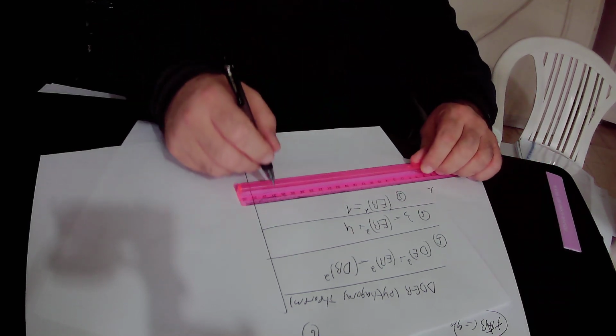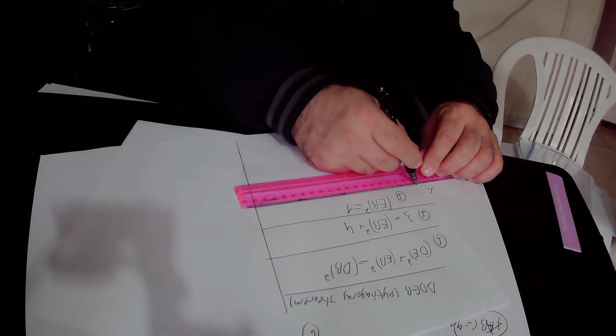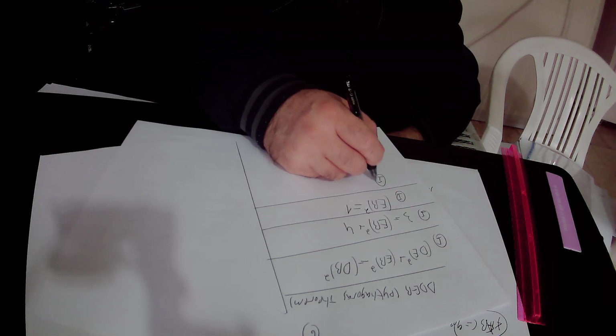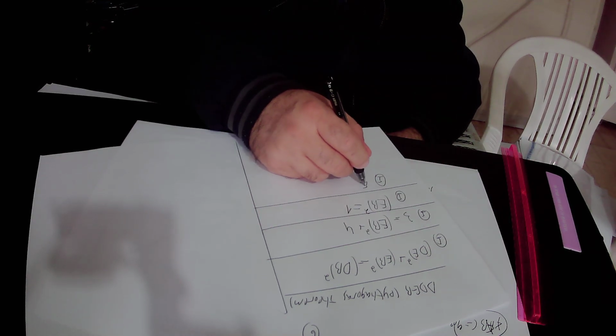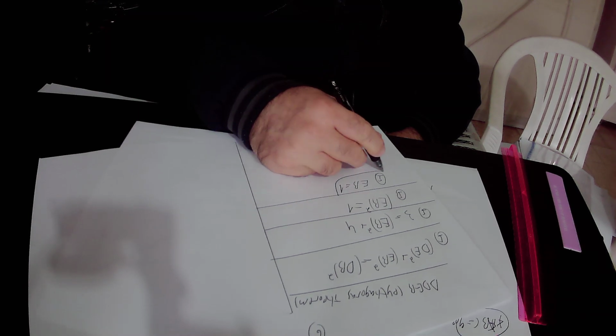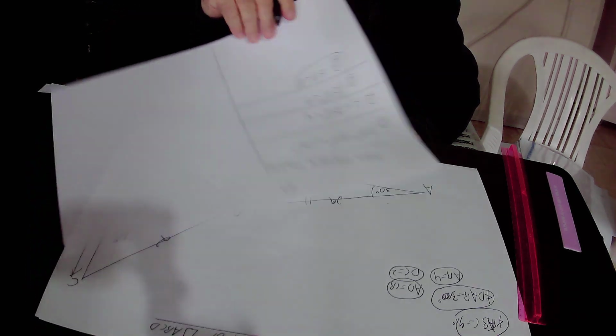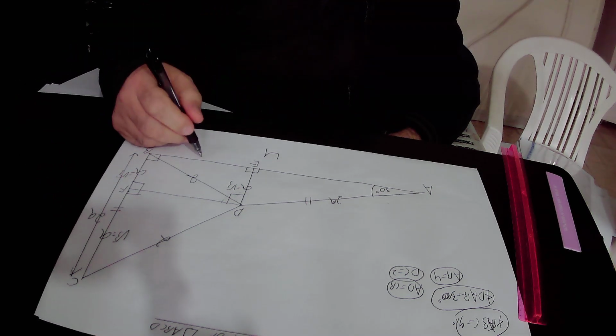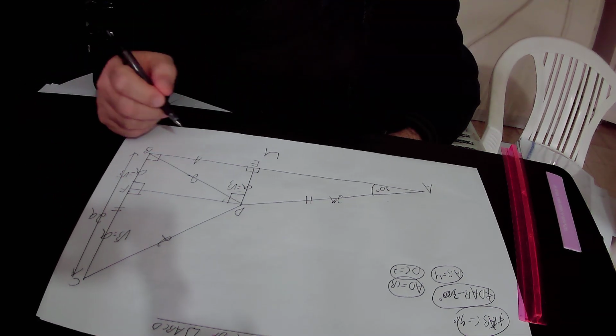Here we take a root out of this equation, and we get that EB equals the square root of 1. The square root of 1 is 1. So we found out that EB equals 1 unit.